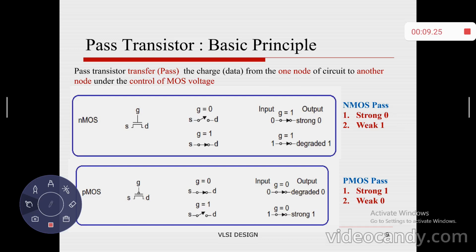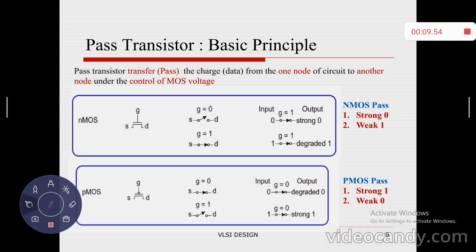Whatever information is connected at the source end, if it is 0, passes to the output as 0, and if it is 1, passes to the output as 1. The summary for NMOS in pass transistor logic is that the output will be VGS minus VTH. According to this, the NMOS passes a strong 0 signal and a weak 1 signal.